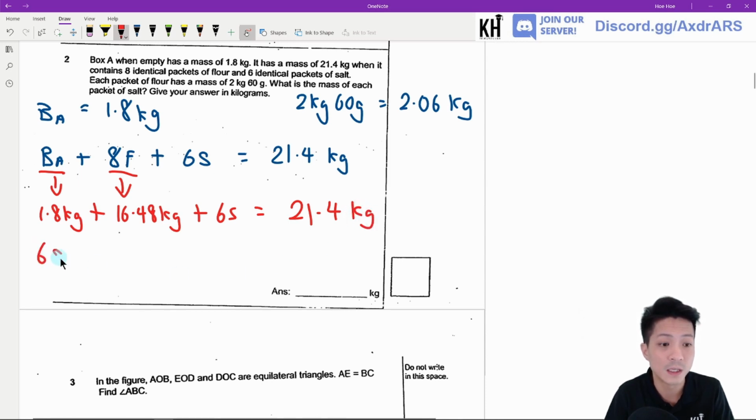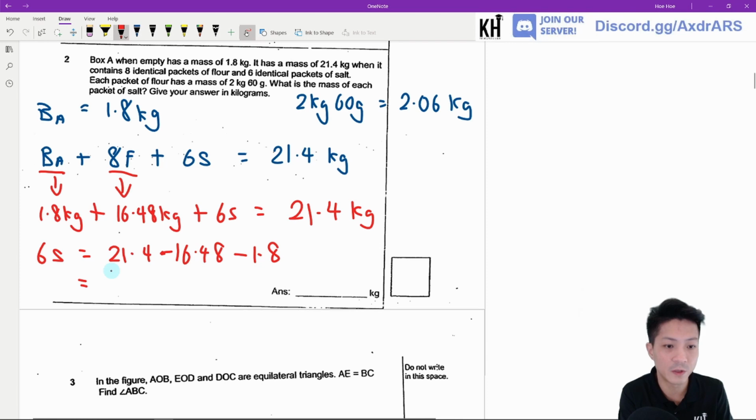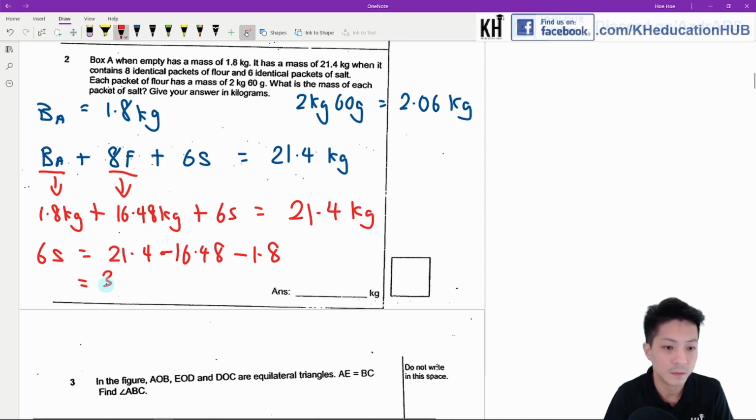Okay, which means that 6 packets of salt is basically 21.4 minus 16.48 minus 1.8. Okay, that will give me 3.12.